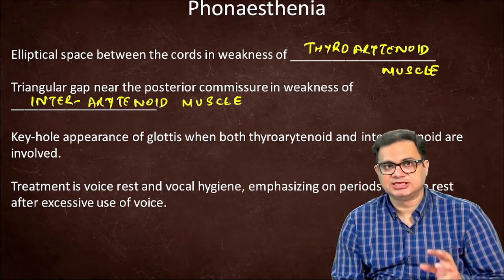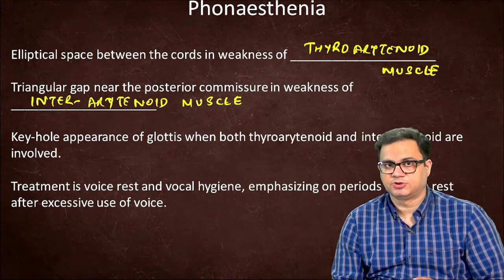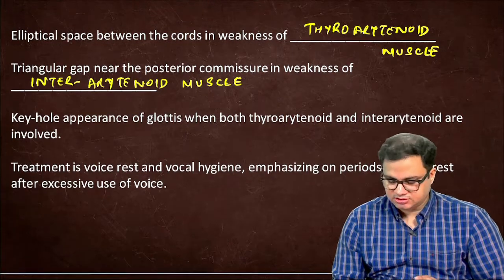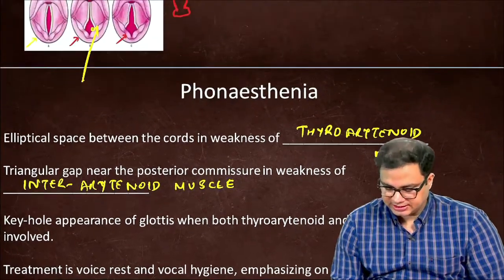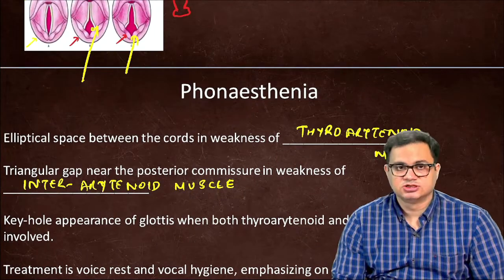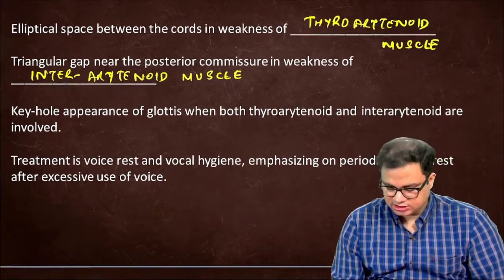And when there is an inverted keyhole appearance of the glottis, both the thyroarytenoid and interarytenoid muscles are involved, like in condition C, where you will have an inverted keyhole appearance.